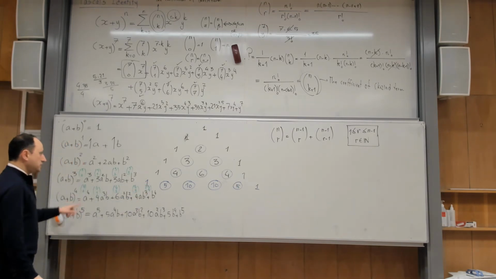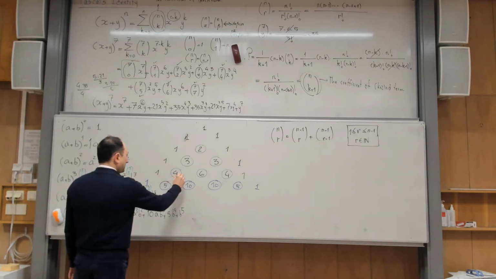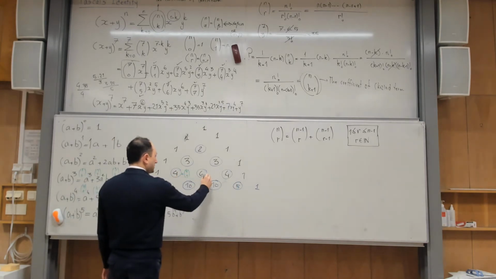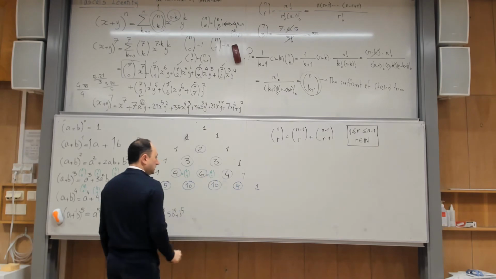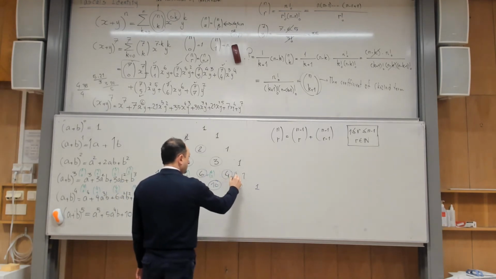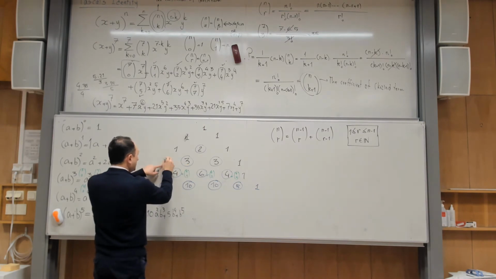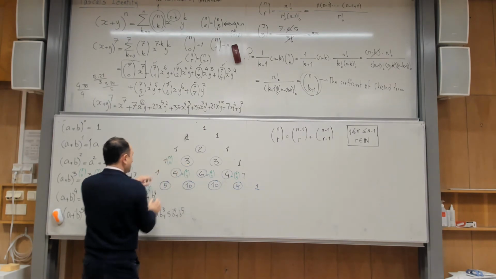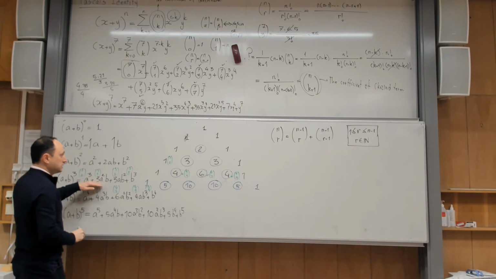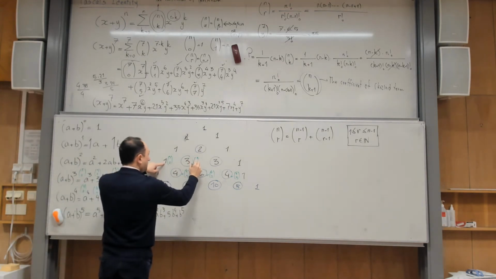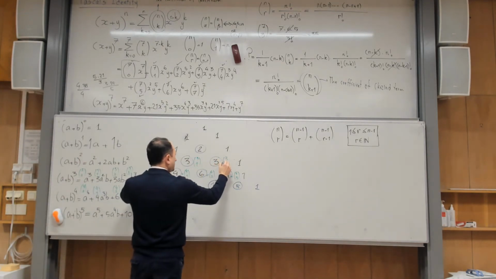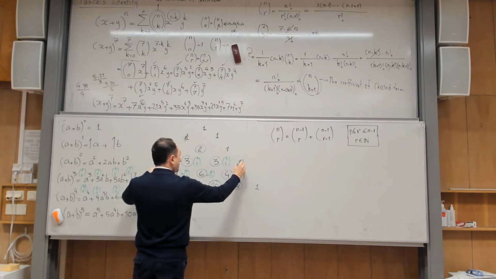Yes? So this number that you see here, another name for this number is 4 choose 1. Another name for this number is 4 choose 2. Another name for this is 4 choose 3. Yes? Okay, but what was this one? This one was 3 choose 0 because it's on the third row. Yes? This is 3 choose 1, and this is 3 choose 2, and this is 3 choose 3.